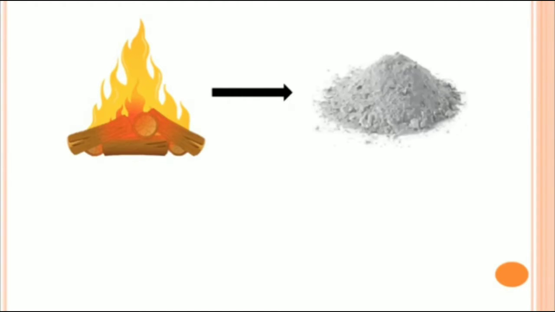After the burning of wood, it is converted into ashes, and the property of ashes is not similar to that of the wood. So there is a chemical change here.